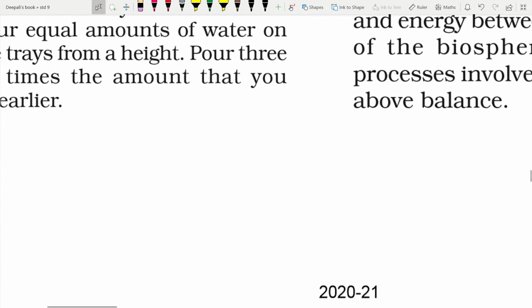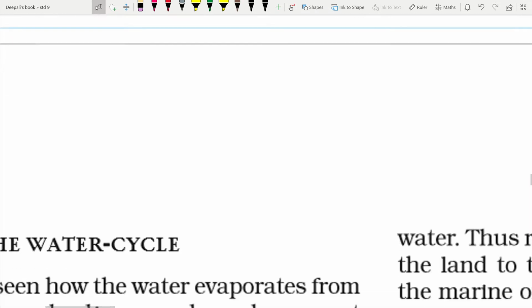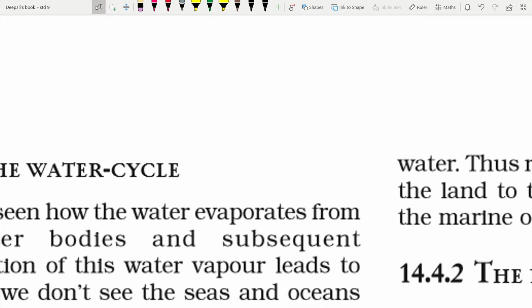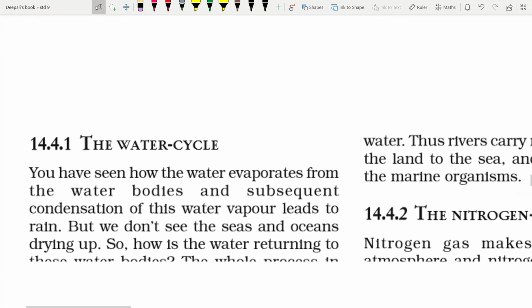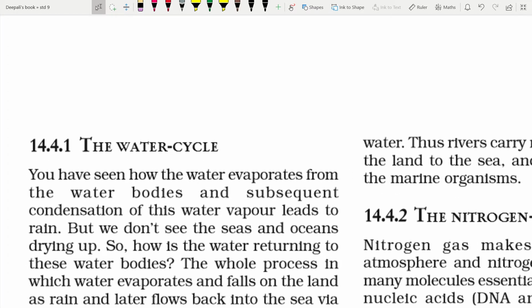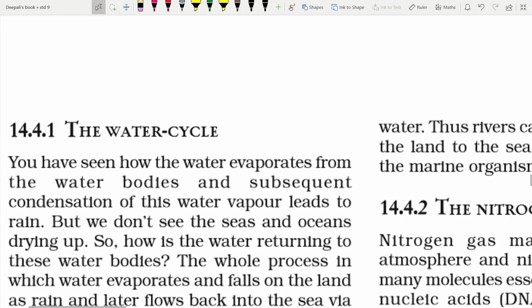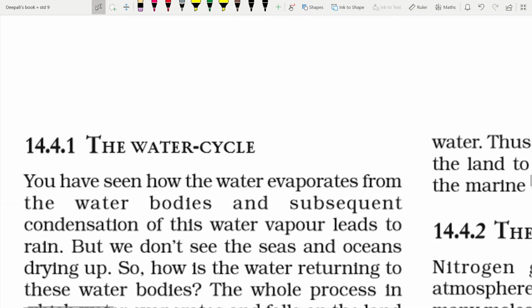Now, the balance in the ecosystem is an important factor required to keep the environment healthy and living. For that, we saw that there are a few important components. Now, the water cycle. We know that water is obtained from rain, and then where does the water in the raindrops come from?